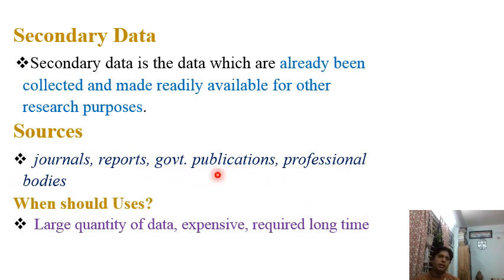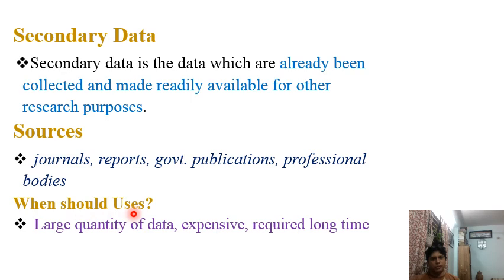These data are called secondary data. Secondary data is already used by others and processed, and they have fulfilled their purpose. So if anyone other than the original researcher uses this data, these data will be called secondary data.